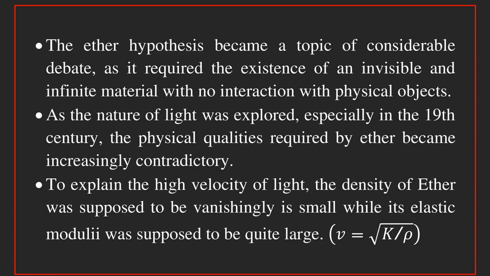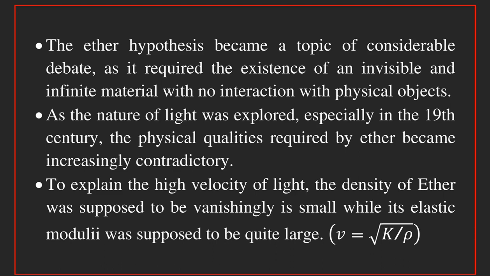At the same time, the density of that ether should be very small. So the density of ether was supposed to be vanishingly small, while its elasticity was supposed to be quite large.